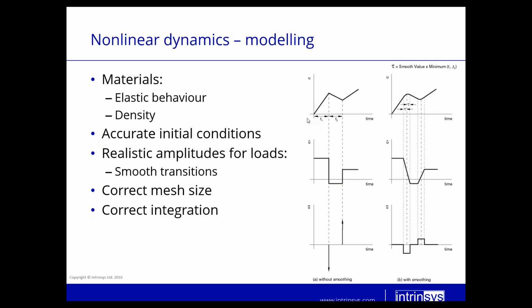In the case of a static analysis, it doesn't matter how we change it because we are only working out the final solution irrespective of how we got there. However, in the case of a dynamic solution, if we do this, as we can see, if there's a kink in the displacement, that means that there is a step change in the speed, because the speed is a derivative of the displacement.